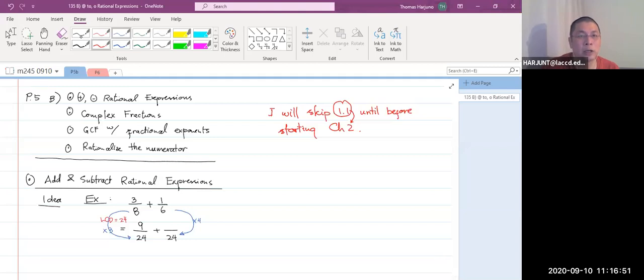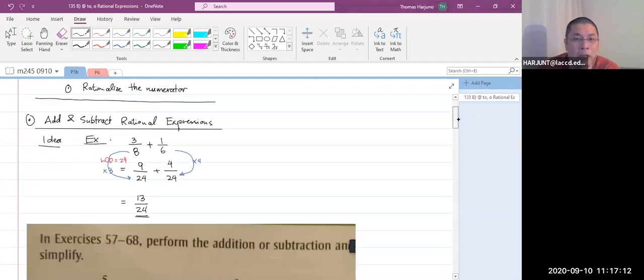So similarly, on the top, I will also multiply by 4. So what happened in this one step? There are actually 2 things to do. First, we do the LCD. Second, equivalent fractions. Now, once they have a common denominator, then we can add them. We can put them together under the same fraction. Now, that's the basic idea from our pre-algebra.